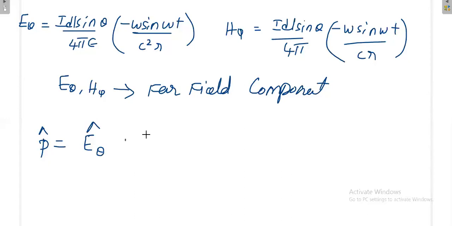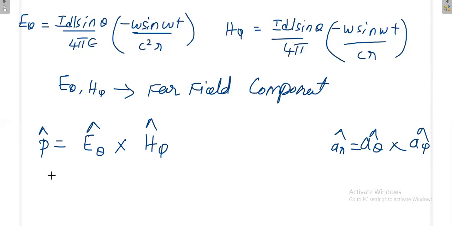My magnetic field is only in the direction of H pi. Then in which direction does the power flow? This is A theta and this is A pi. Then definitely my cross product will be AR cap. Then what is the meaning? The power will be in the AR cap direction.